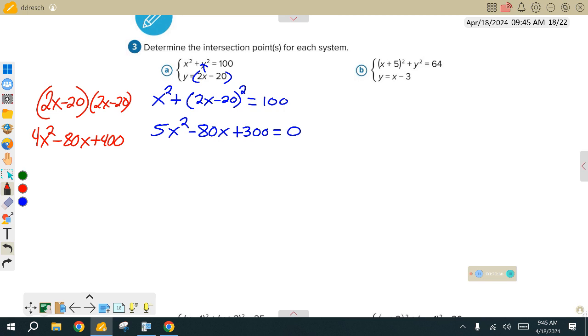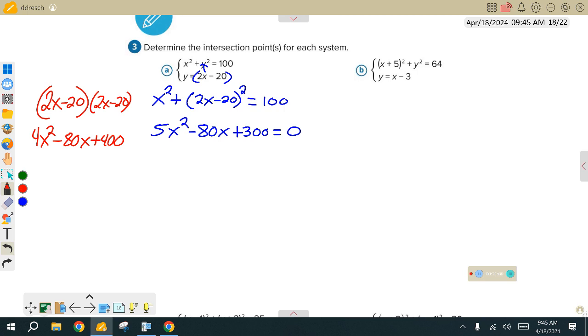The thing I notice is I got some big numbers. When I got big numbers, what are we going to look for? A GCF. 5, 80, 300. I got a 5. Let's take that 5 out. It's going to reduce our sizes.